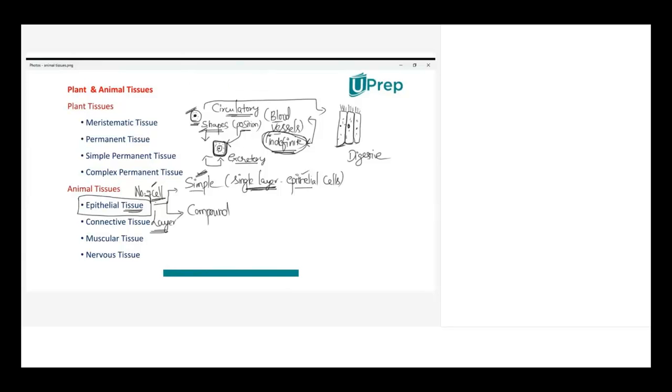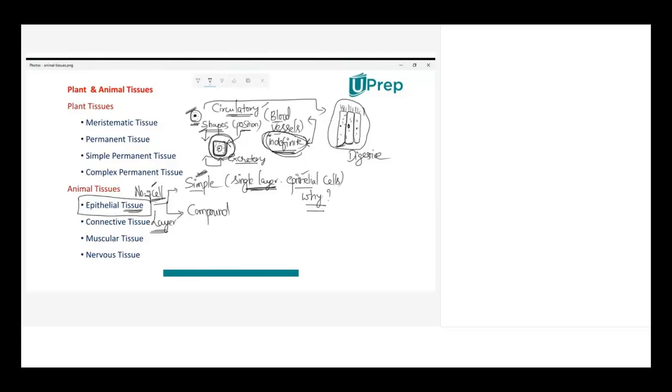They may get the cube shape when they are present in the excretory system. They may get an elongated, slender cell shape when they are present in the digestive system. So according to their position, their shape is changing. So why is the shape changing according to their position? The answer is to perform the particular function.